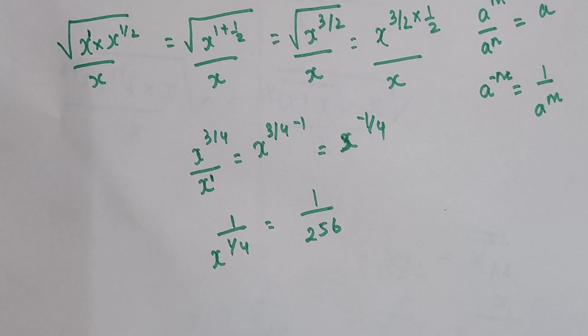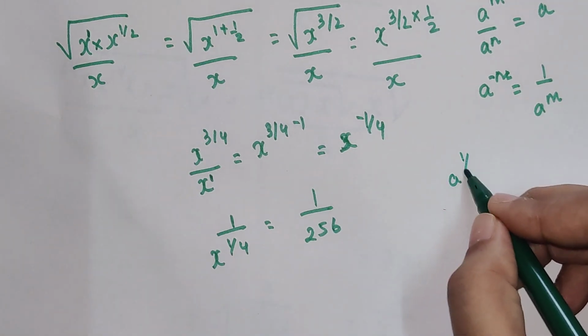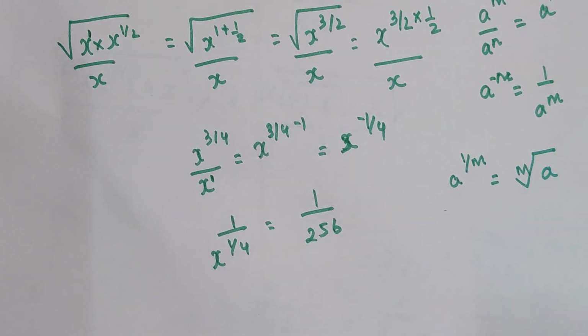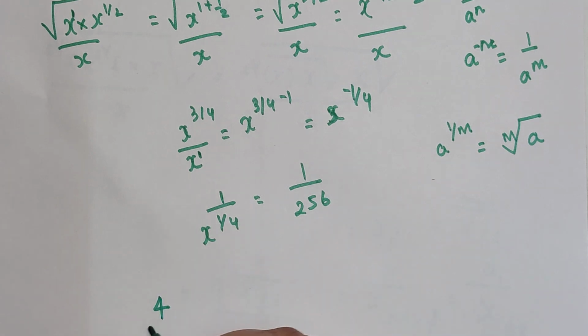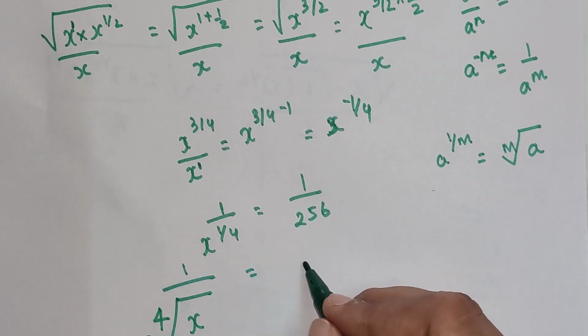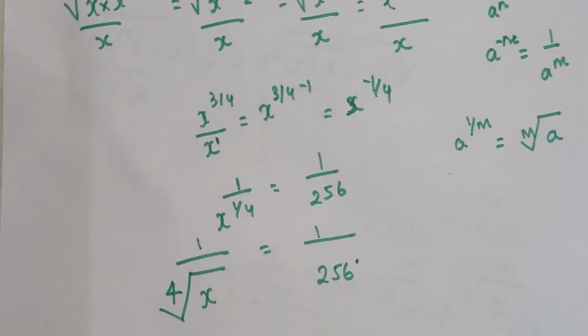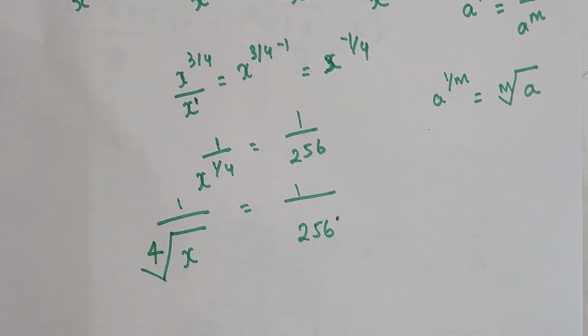Now please understand, a raised to 1 upon m, if you have, that is nothing but the mth root of a. So here I am writing this as the 4th root of x. So 1 upon 4th root of x is equal to 1 upon 256. Now we can directly equate the denominators because everything is coming out the same. So 4th root of x is equal to 256.